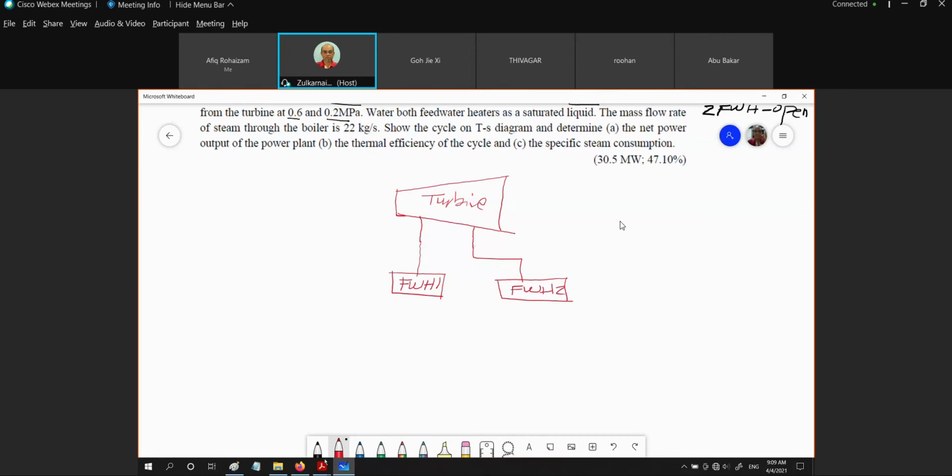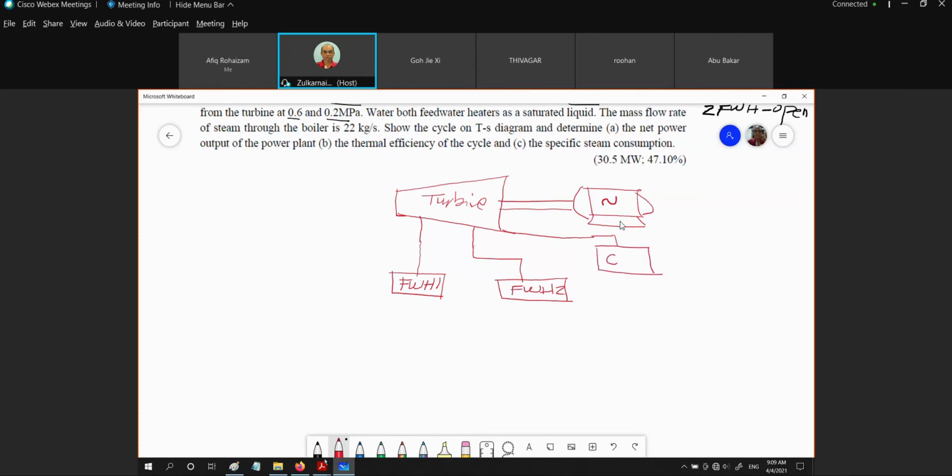Okay? So this is our output from the turbine. Let's say it is running an electrical generator. So let's say this is our electrical generator. So what is coming out from the turbine? We are going to flow it to a condenser.